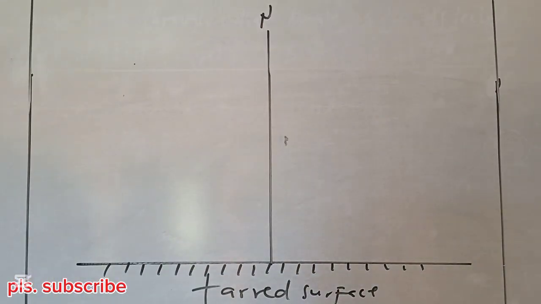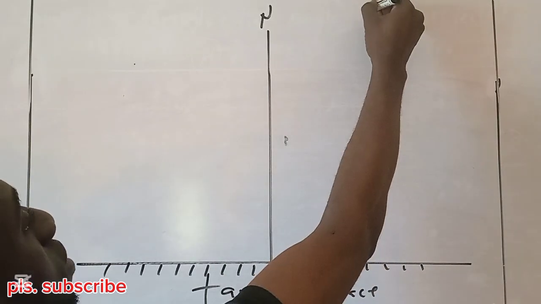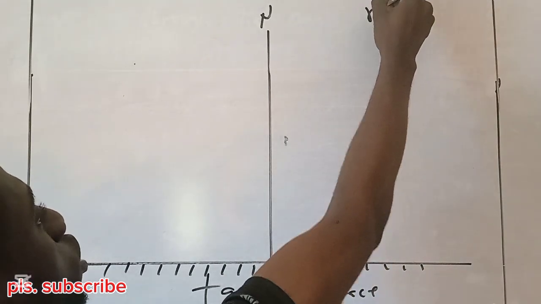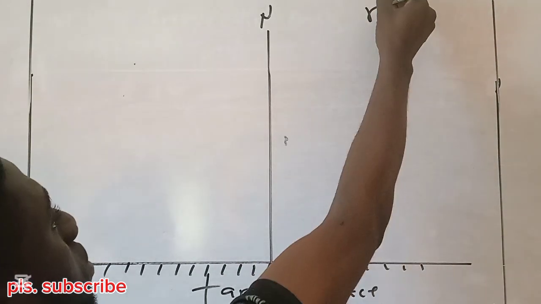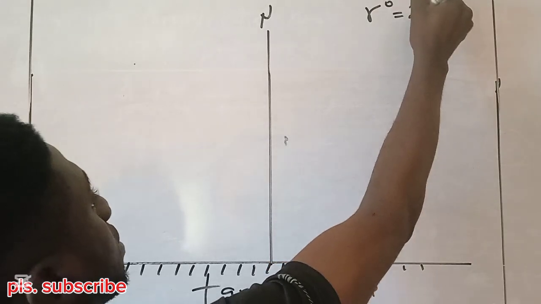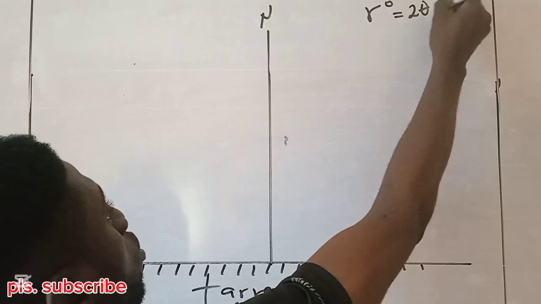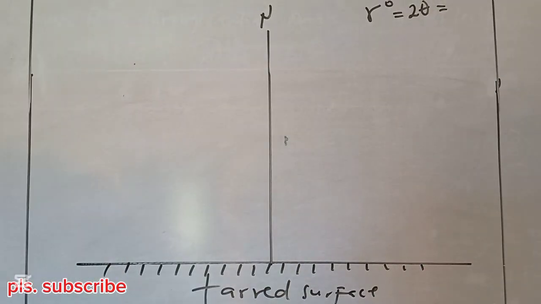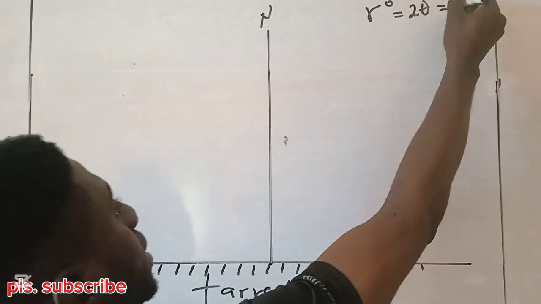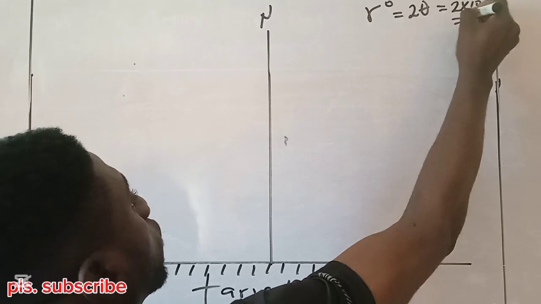I want to prove to you what we said earlier, that the angle between the two reflected rays is 2 times theta, the angle of rotation. And the angle of rotation in the equation is 10, so 2 times 10 will give us 20 degrees.